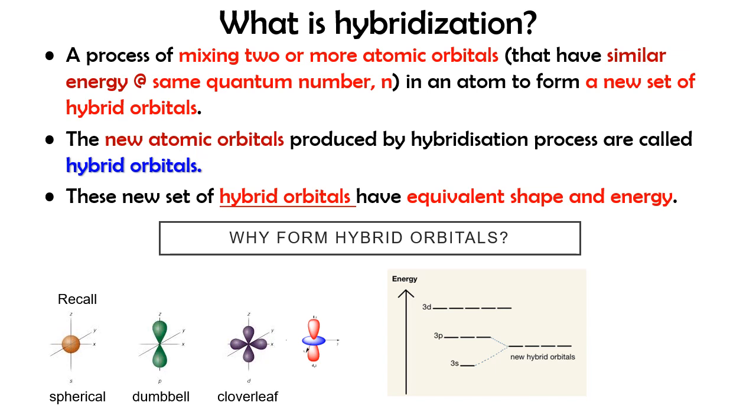Okay, so what does it mean with same energy? I mean that if you want to mix the orbital and you want to form new hybrid orbital, mesti yang same level, n equals to 3 contoh. Barulah you can mix this and you will form new hybrid orbital.